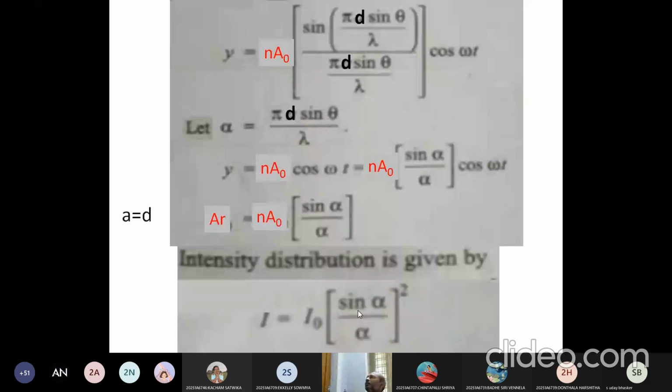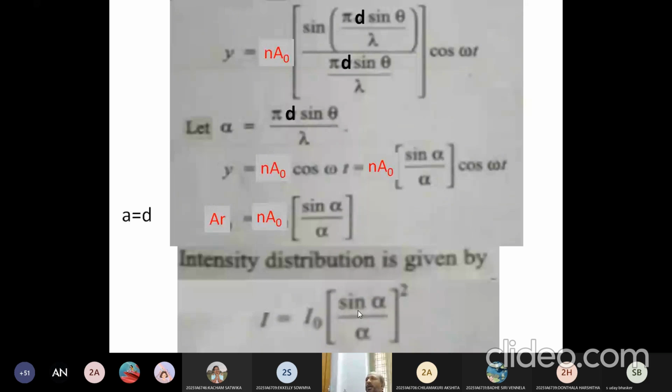F dash is less than 0. Okay, good. When do you get minimas? F dash is greater than 0. Okay, very good.